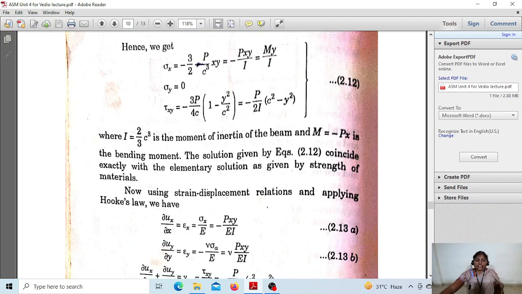Now, what is our aim? We want to know the displacement of the particular cantilever beam. How will you know the displacement?